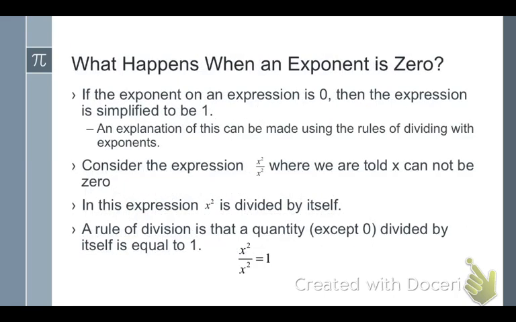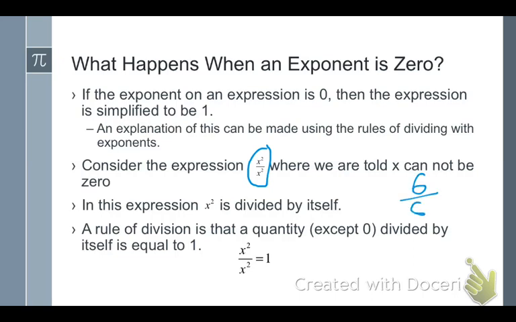So what happens when an exponent is 0? If the exponent on an expression is 0, then the expression is simplified to be a 1. You can use the rules of dividing exponents to figure this out, and that's what I'm going to show you here. A long time ago when you learned to divide, you learned that any quantity divided by itself, as long as the quantity wasn't 0, is equal to 1.